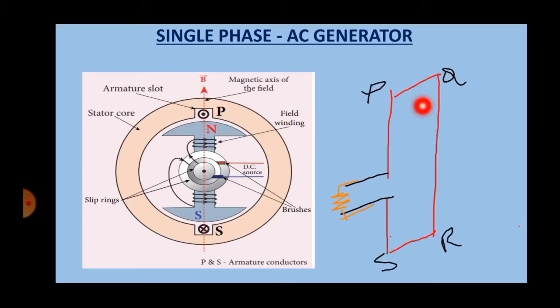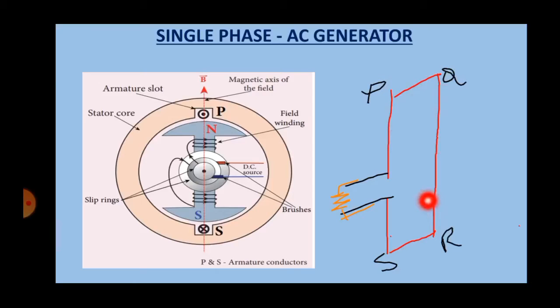PQ is one arm of the slot and RS is nothing but the other arm of the slot. So this is the PQ arm and this is the RS arm. These rectangular loops are mounted to form a single turn rectangular loop PQRS.